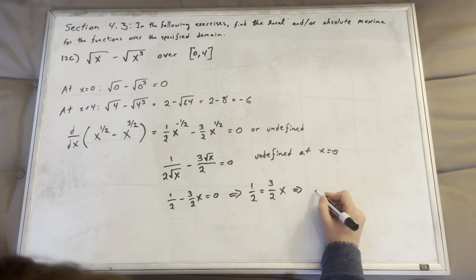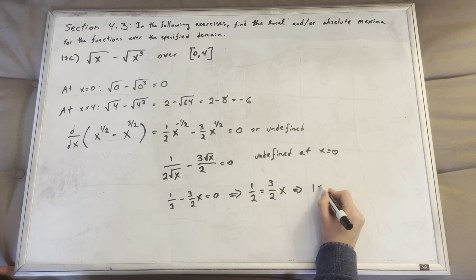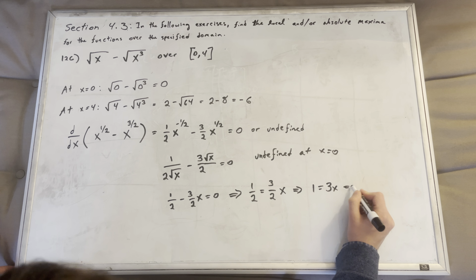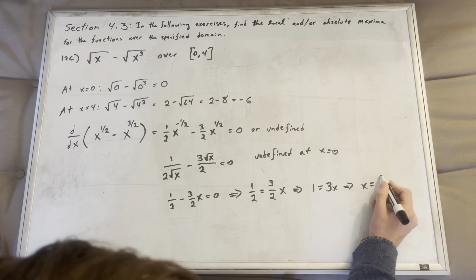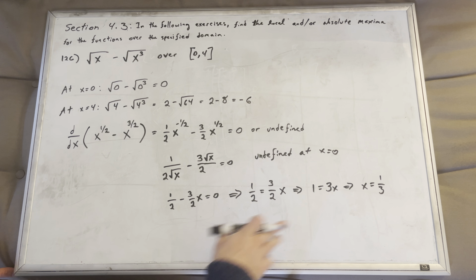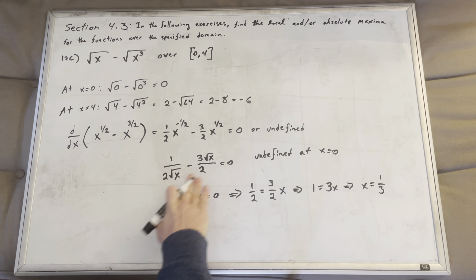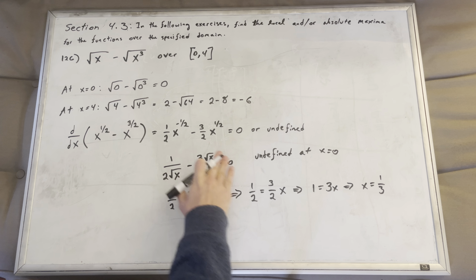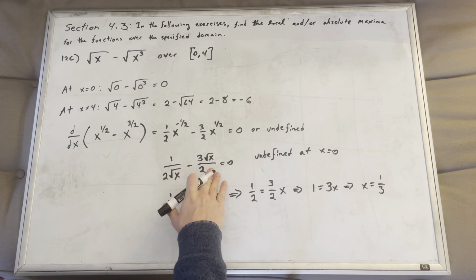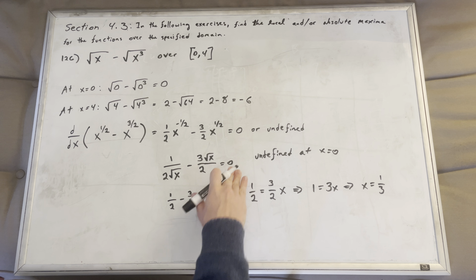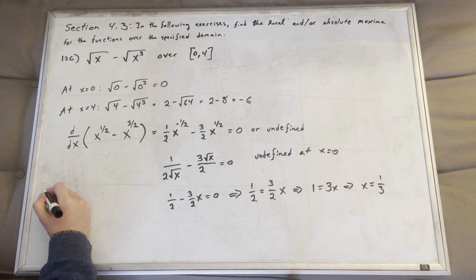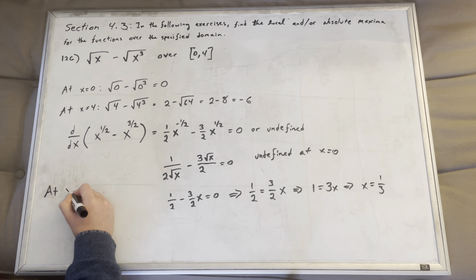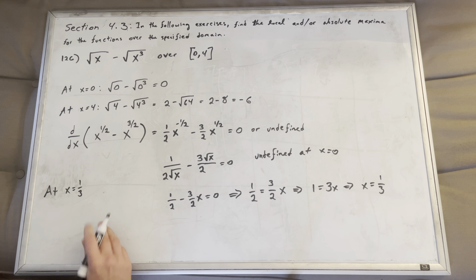Multiplying both sides by 2, I get 1 is equal to 3x, which implies x is equal to 1/3. So when x is equal to 1/3, the first derivative of the function becomes 0. So our final candidate is at x equals 1/3.